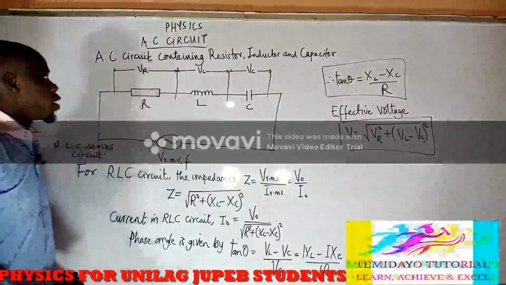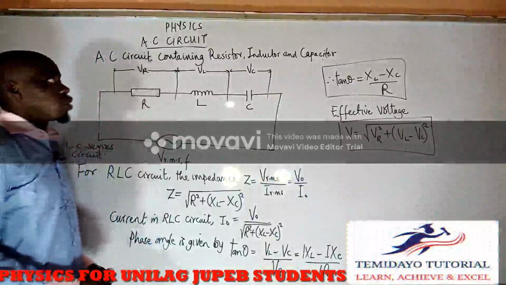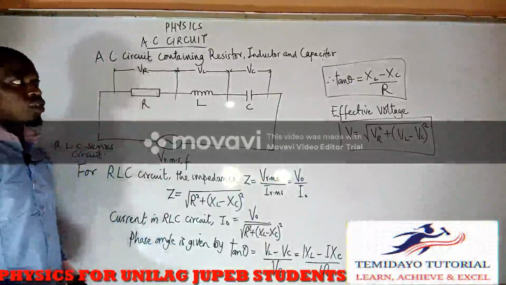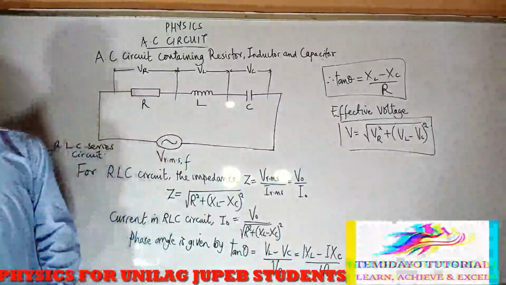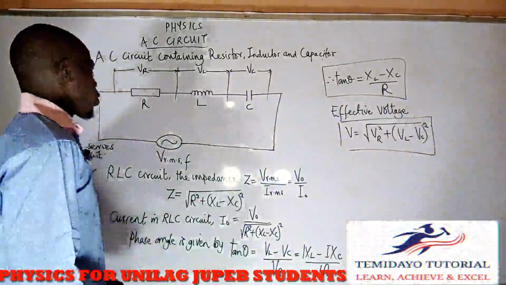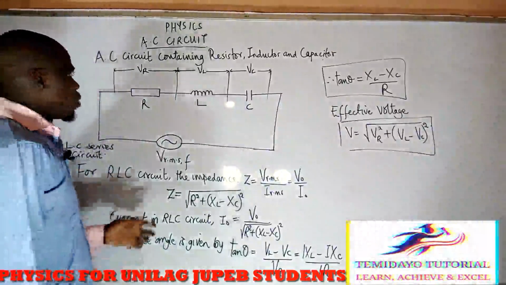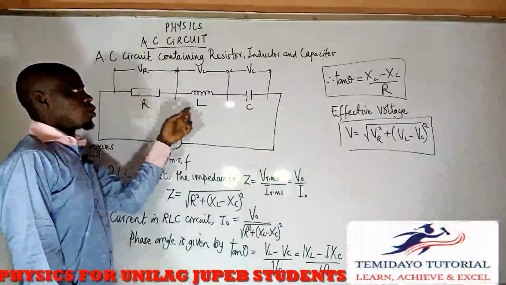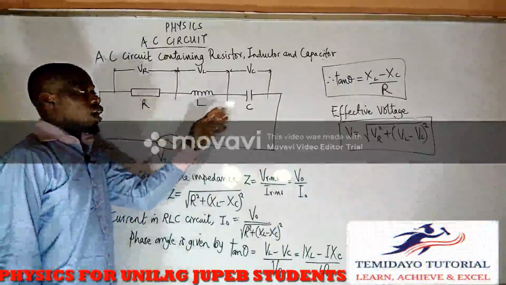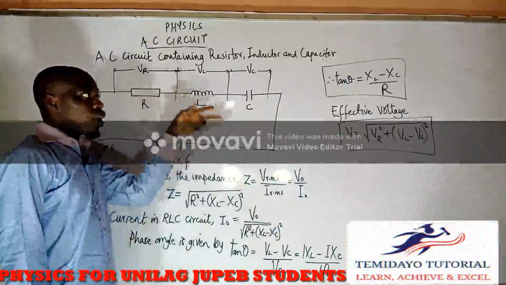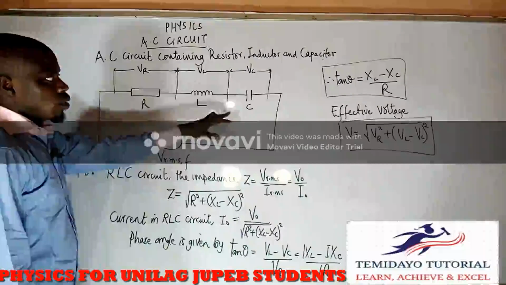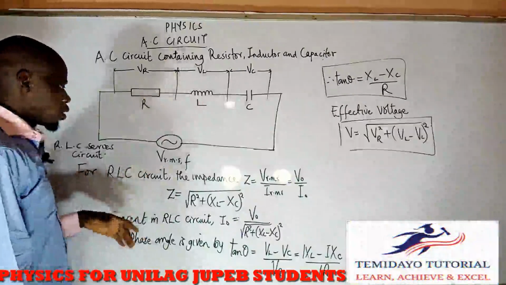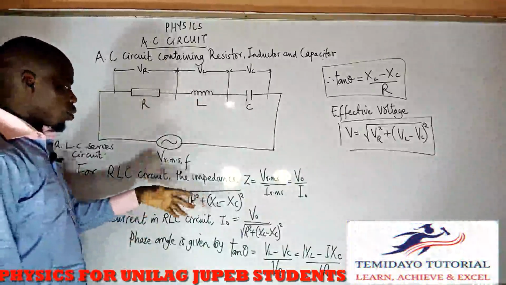In this case, we are having AC circuits containing resistor, inductor, and capacitor. This is the connection of resistor, inductor and capacitor, and the impedance, which is the overall opposition to the passage of electric current, is equal to what?